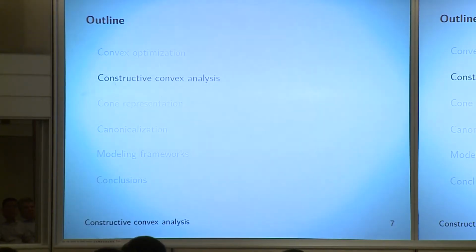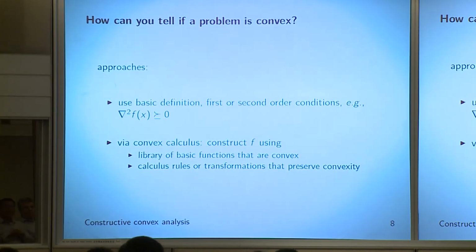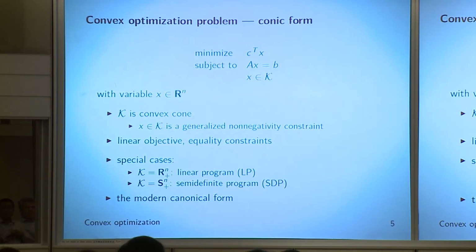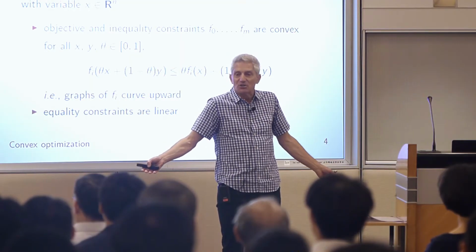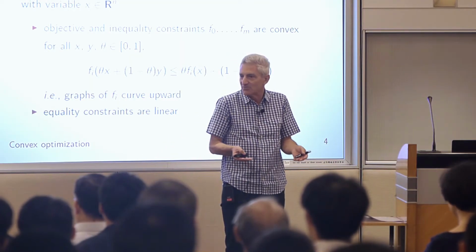Okay, so now we get into, well, there's going to be some math now. But I warned you. So what you have to be able to do, of course, to say your problem is convex, is put it in this form, and there are these functions here, and you have to know, are they convex? Suppose that's a circuit design problem, and this is the total power dissipated. You have to know, is that a convex function of the device widths, for example?